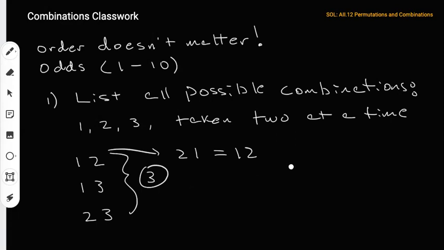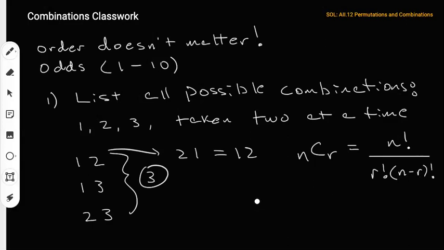Well, we can use the combination formula, right? So the combination formula is going to be n choose r, where we're going to have n factorial at the top of the fraction. And in the denominator, we're going to have r factorial times n minus r factorial.